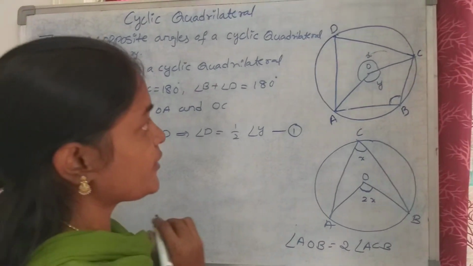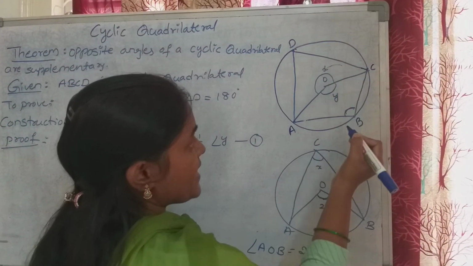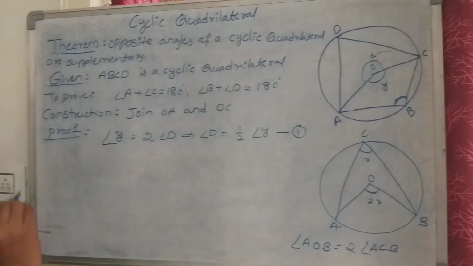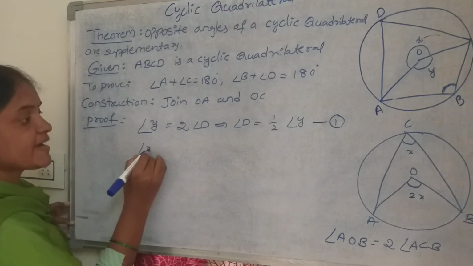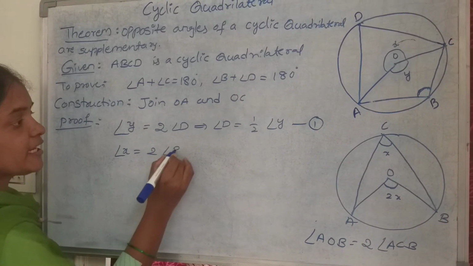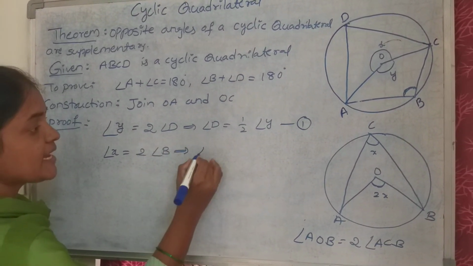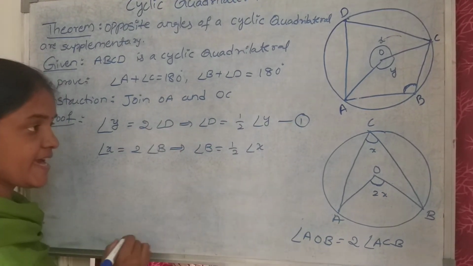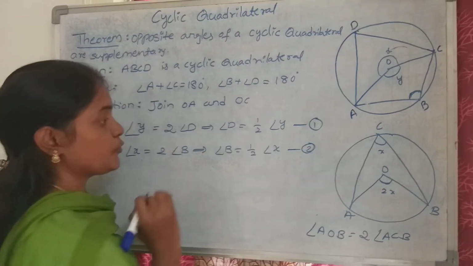Similarly, angle X equals 2 into angle B. That implies angle B equals 1 by 2 angle X. This is equation 2.